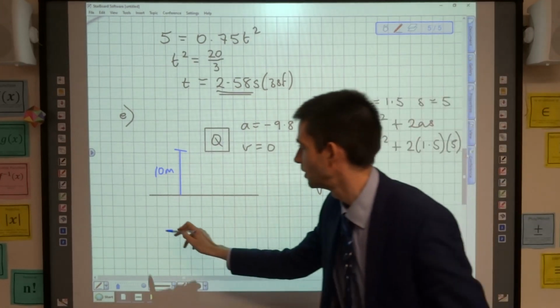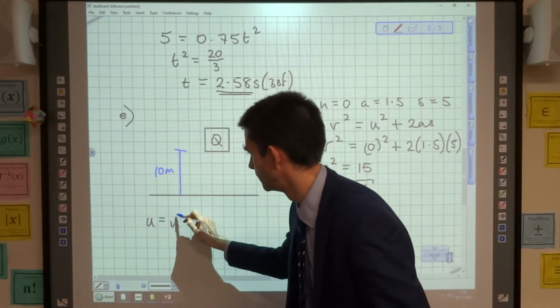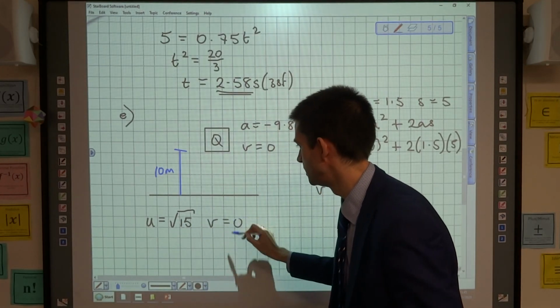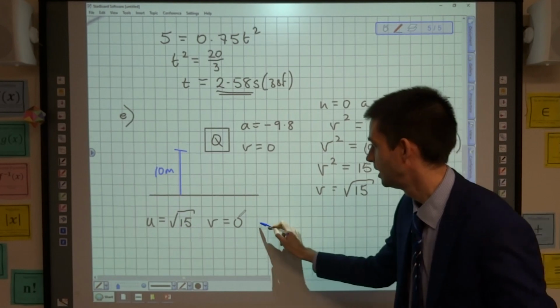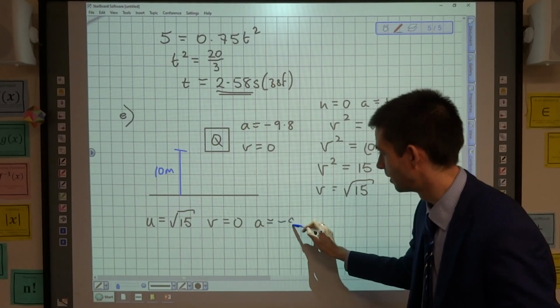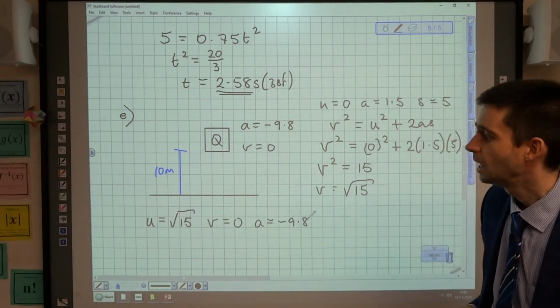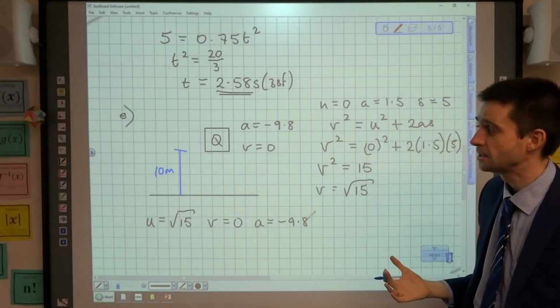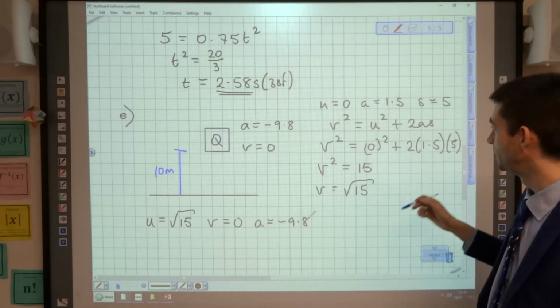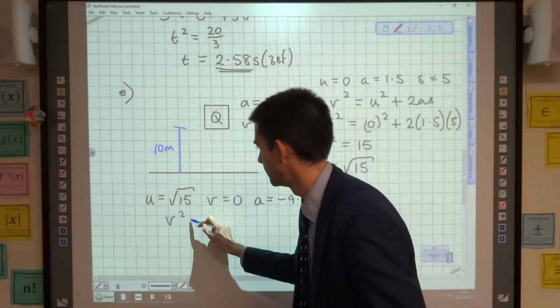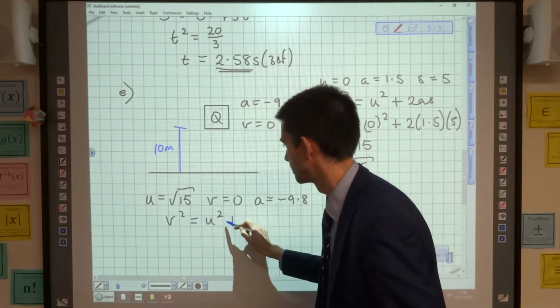So when Q moves freely under gravity, its initial velocity is root 15, its final velocity is 0 when it gets to its greatest height, and its acceleration is negative 9.8 because the acceleration is downwards towards the ground. And we want to find the greatest height that it reaches above the ground, so we need to find s for displacement. So we're going to use v squared equals u squared plus 2as.